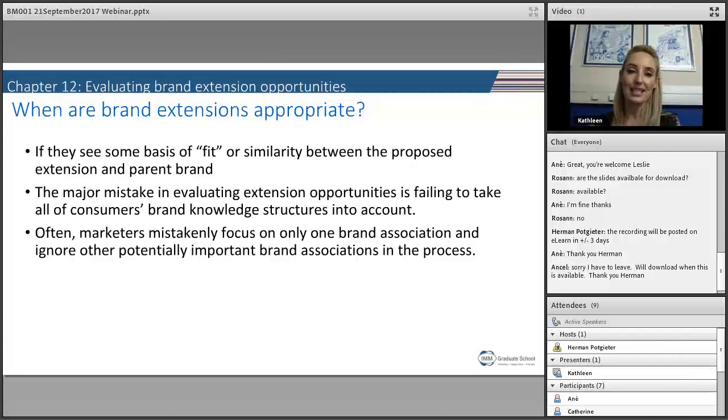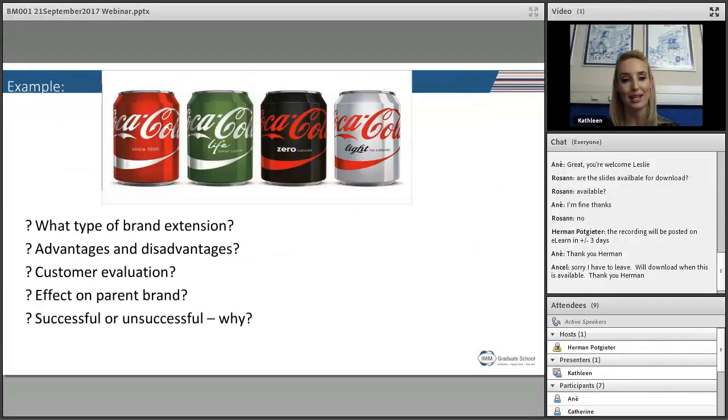When are brand extensions appropriate then? They are appropriate if there is some similarity between the extension and the parent. They are appropriate if it would be to the company's disadvantage to not exploit or take advantage of the current knowledge and perceptions that customers have of the parent brand.